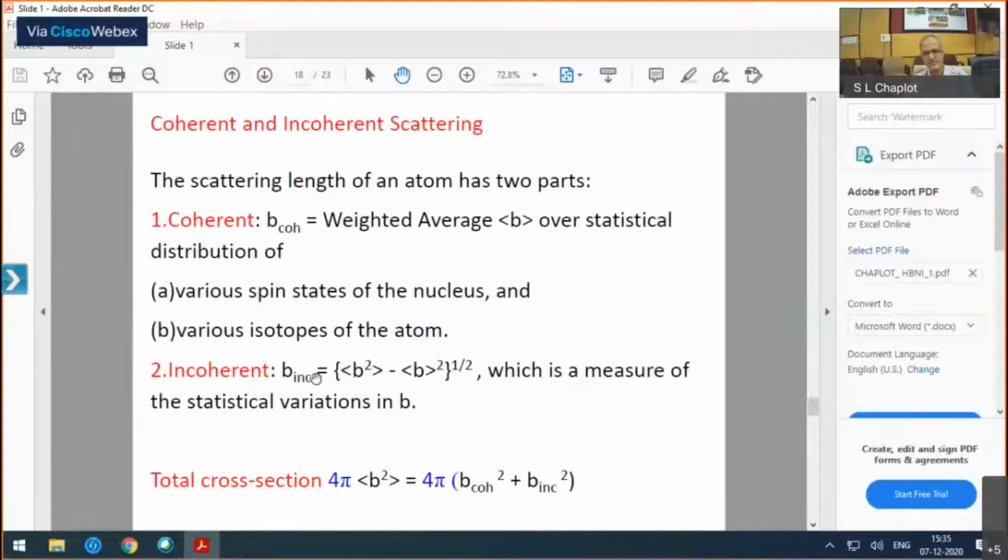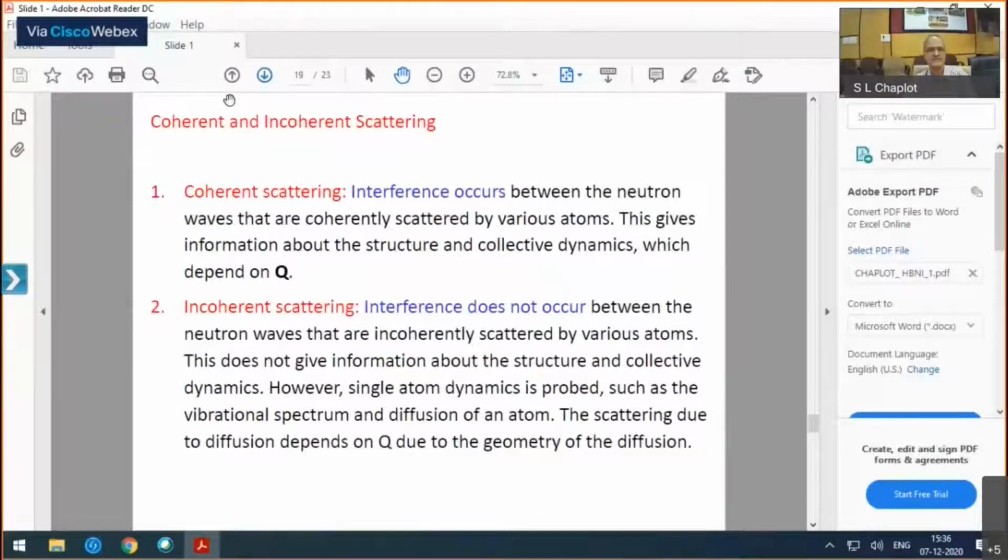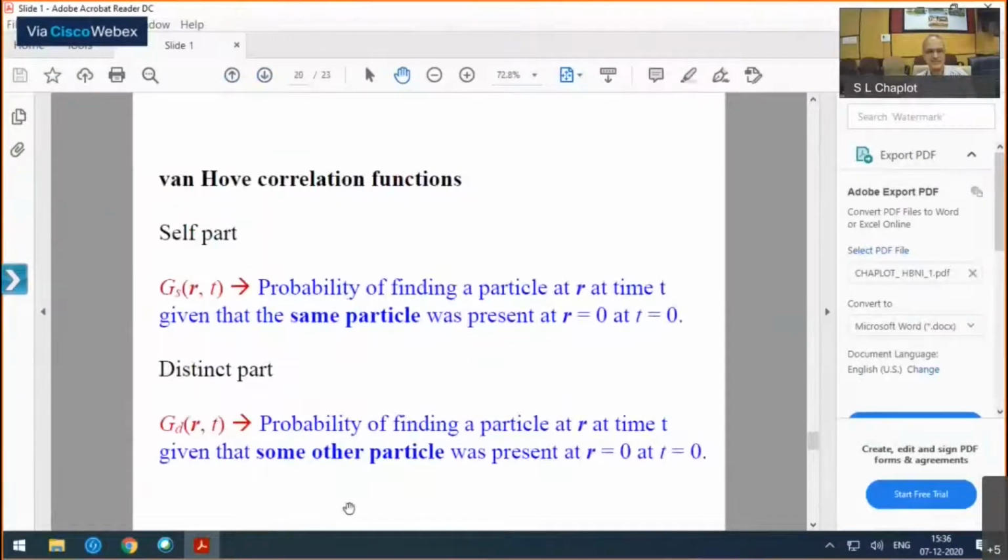The contributions from each atom will be summed together, and you measure that in the detector, whereas the coherent part gives a diffraction pattern at selective values, in selective directions. These are related to the two different correlation functions, either self or distinct.